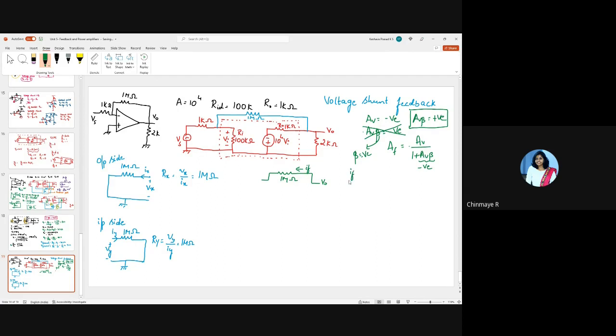Your IF by V naught will give you the value of beta, correct? Because this is voltage shunt, no? IF by V naught will give you the value of beta. Clear?